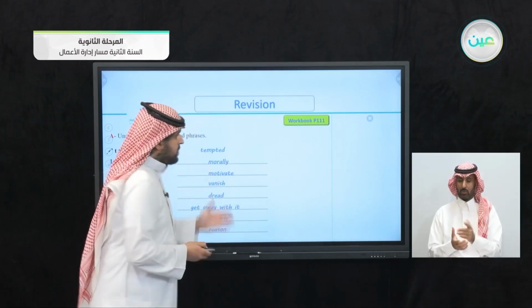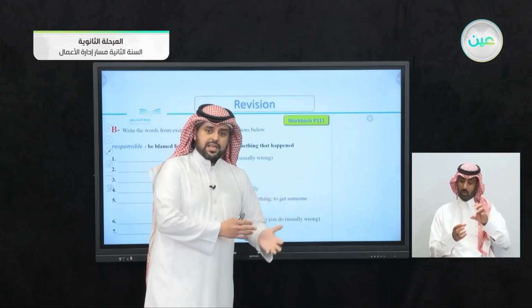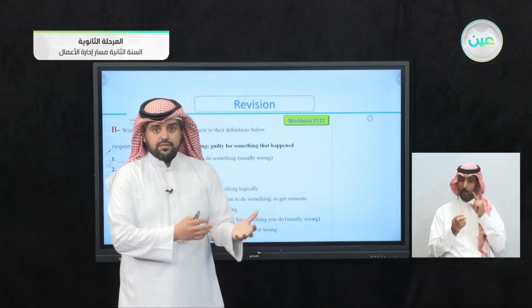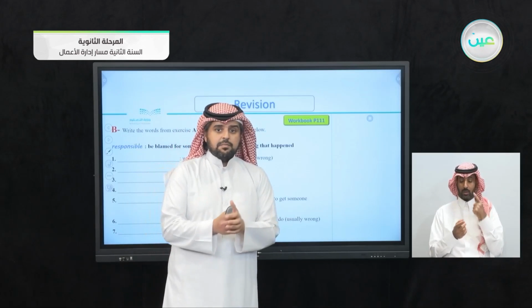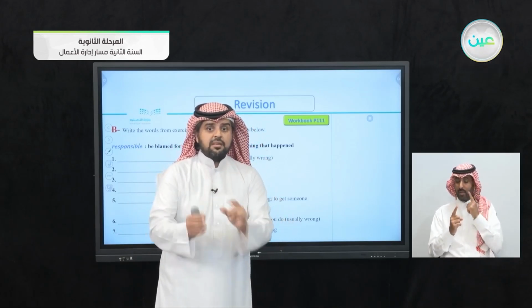Very good. Jumping on to exercise B on the same page, 111. Write the words from exercise A next to their definitions below. So exercise A, the one that we have just finished, we will write them in front of their correct definition.